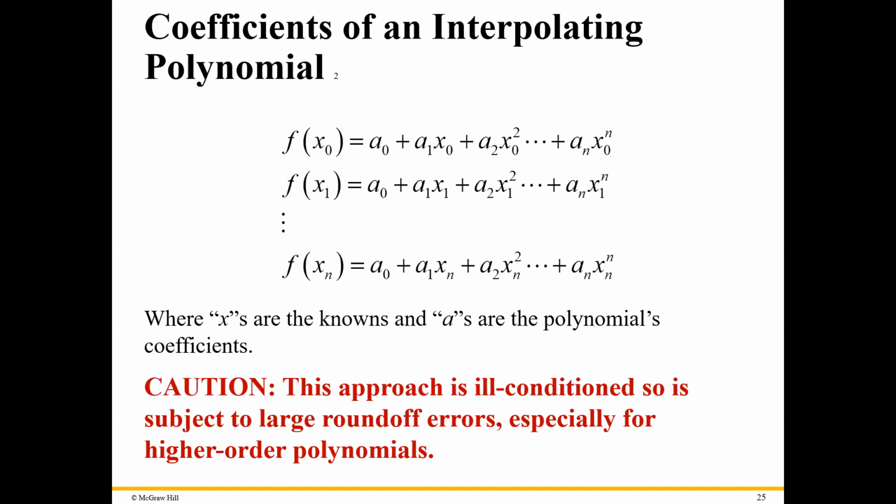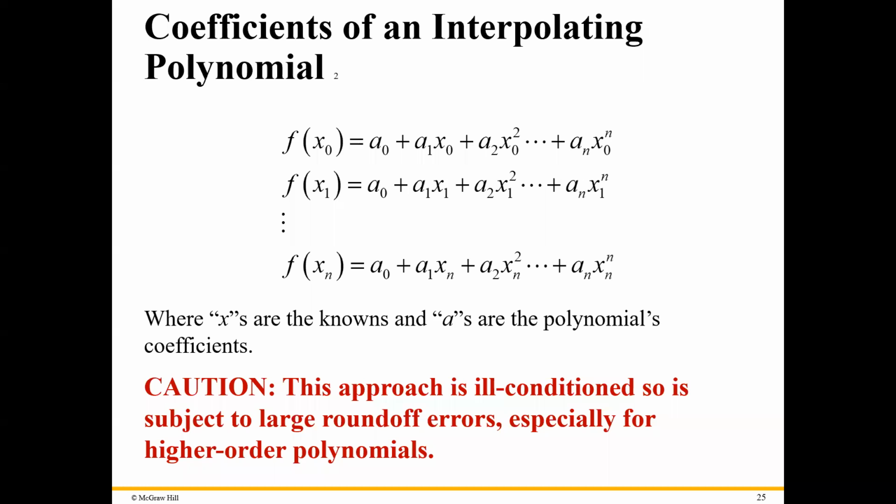Therefore, it is subject to large round-off errors, especially for higher order polynomials. This is one of the big disadvantages for doing the interpolation or curve fitting at a higher level.